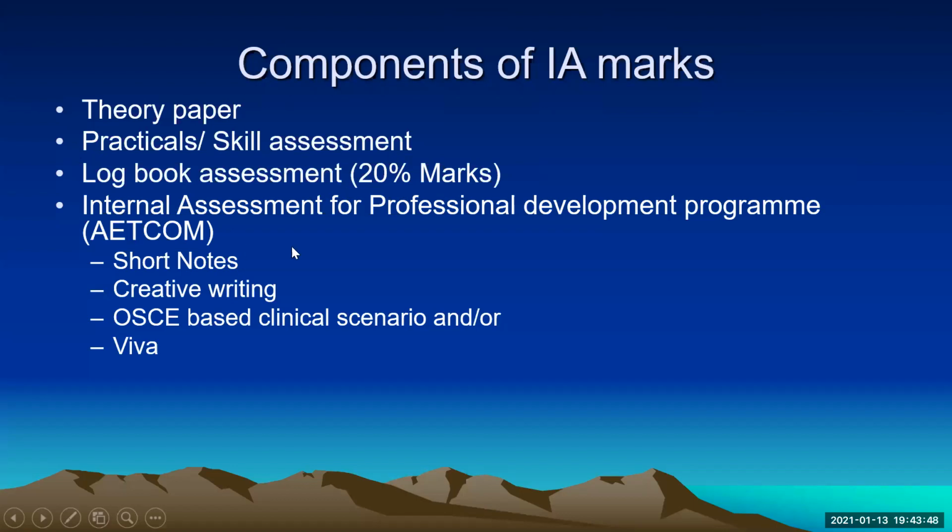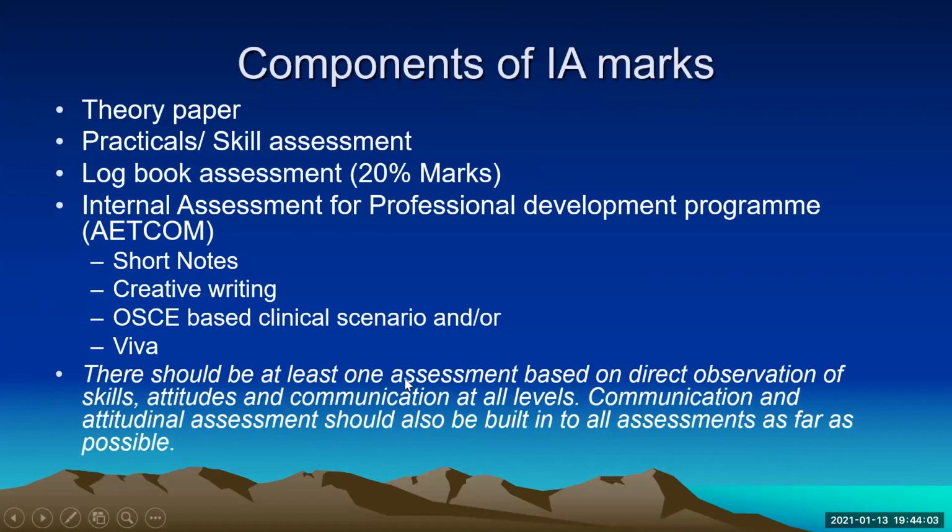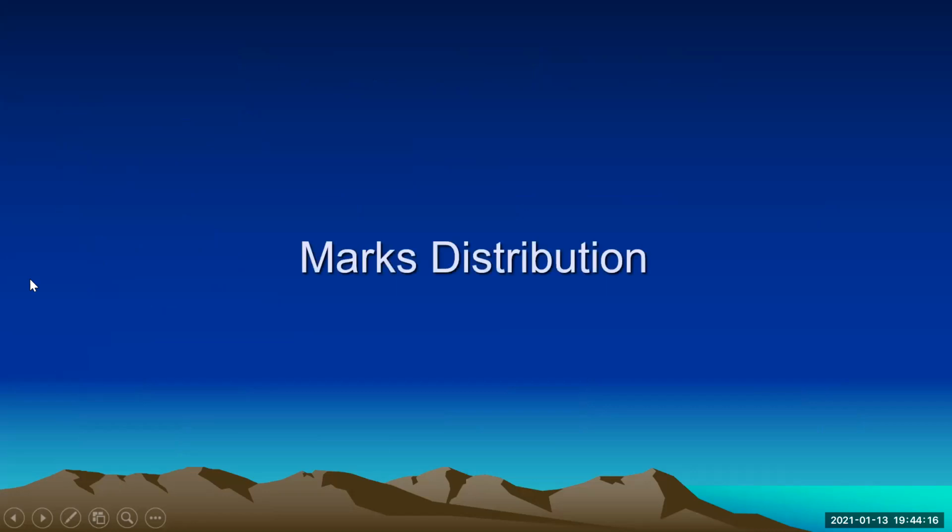Then there will also be the internal assessment for AdCom training or the AdCom module, which can be in the form of short notes, creative writing, viva, or clinical scenarios and structured clinical examinations. There should be at least 1 assessment based on direct observation of skill, attitudes, and communication at all levels. So we see here that AdCom is also gaining importance in our assessment strategies now.